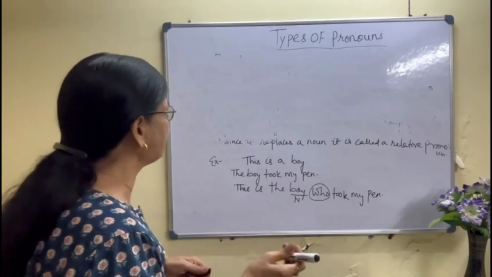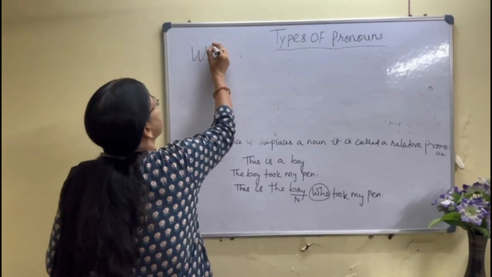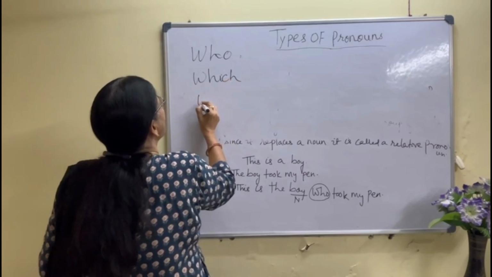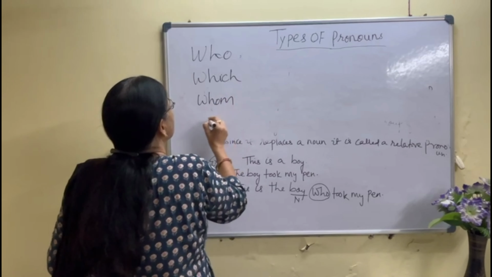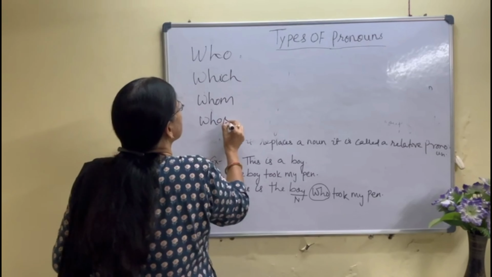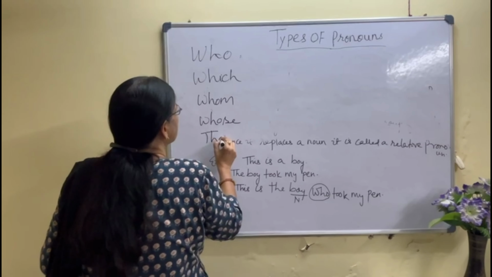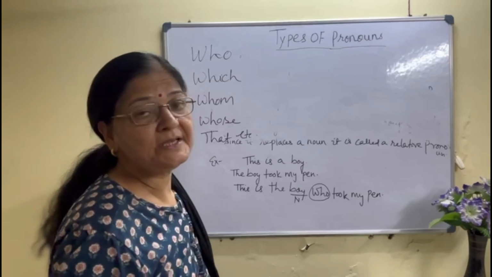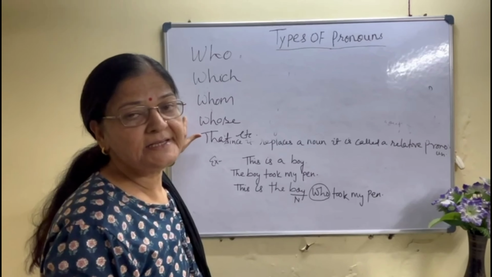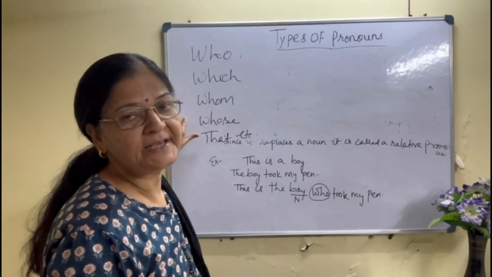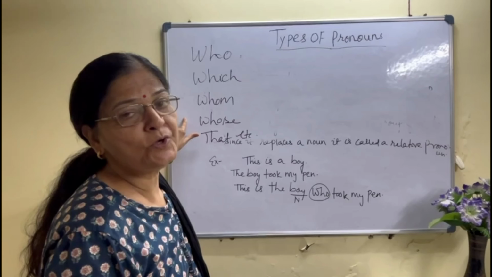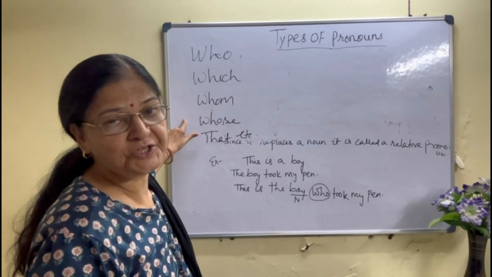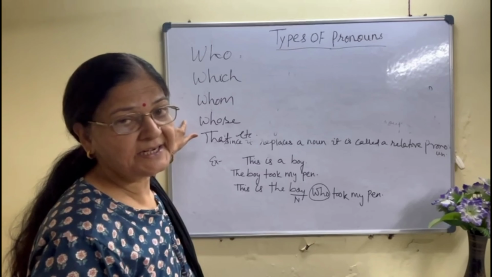The different types of relative pronouns are who, which, whom, whose, that, etc. In the first instance, they seem to be interrogative words, but here, as they are used as pronouns, they are called relative pronouns, and they no longer put up a question. That's why they cannot be considered as question words in this case. They act as a pronoun.